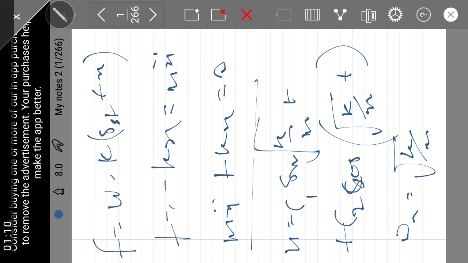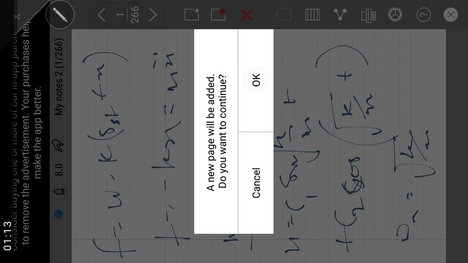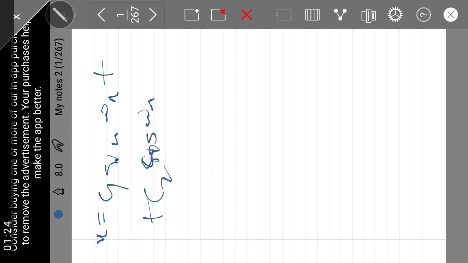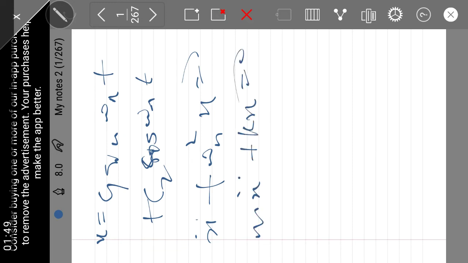Furthermore, we can write this equation as x is equal to C1 sine omega n t plus C2 cos omega n t. x double dot plus omega n squared x will be equal to 0. We obtain this equation by dividing through by the mass.